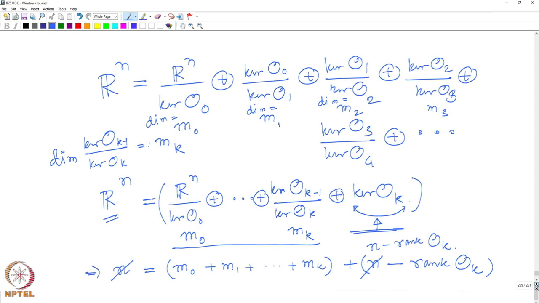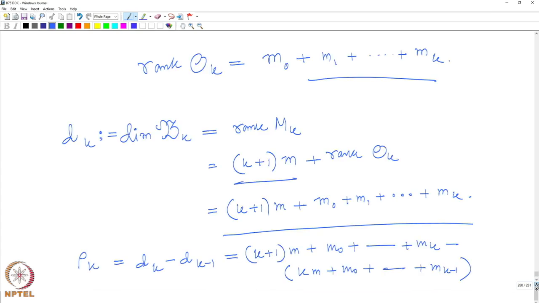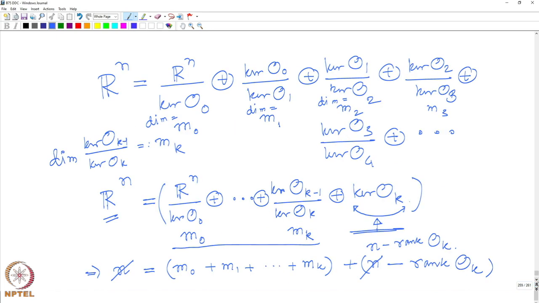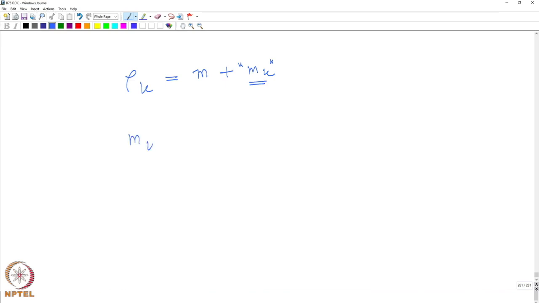And one can also understand why rho k is a non increasing sequence: each time it is m plus M k, and these M k numbers are non increasing. What is this M k? By definition, M k is the dimension of kernel of O k minus 1 quotiented by kernel of O k.